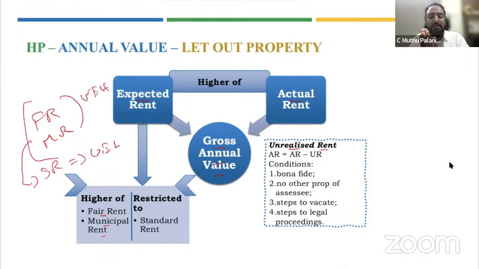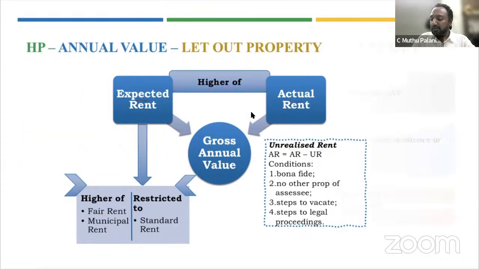The expected rent or actual rent, whichever is higher, is called your gross annual value. Expected rent comes from fair rent or municipal rent, whichever is higher, subject to a maximum of standard rent. This is how you calculate your gross annual value.